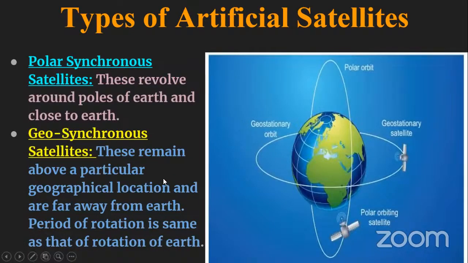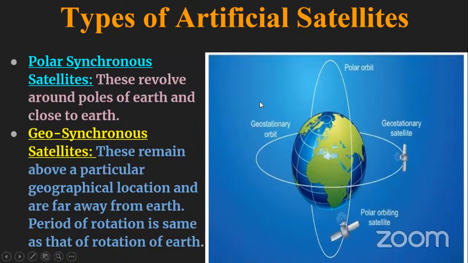Next, we are going to see types of satellites. Basically we are talking about artificial satellites, and artificial satellites are of two types. One is called polar synchronous and one is called geosynchronous. Polar synchronous means they will be in sync with the poles. That is, they will always go from North Pole to South Pole or South Pole to North Pole.